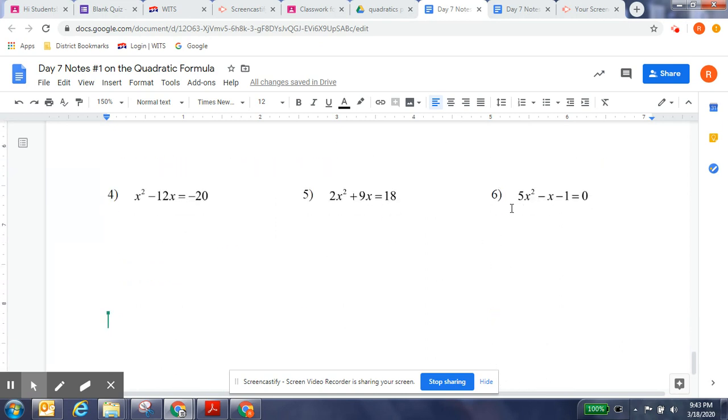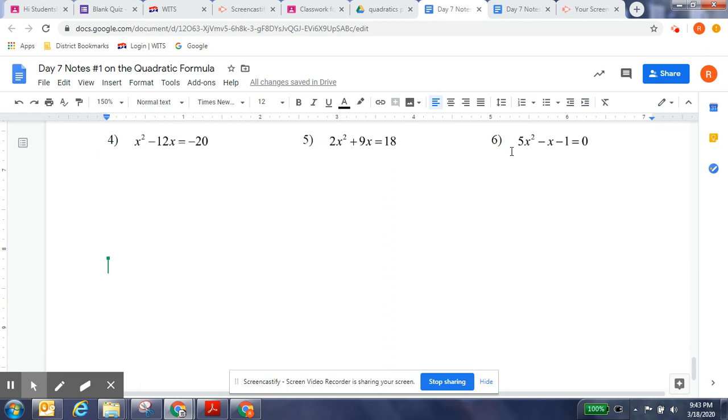I'm going to skip down to 6 because our answer is left in radical form. So I'm going to do my best to write with a mouse here. My A value in this case is 5. My B is -1, my C is also -1.